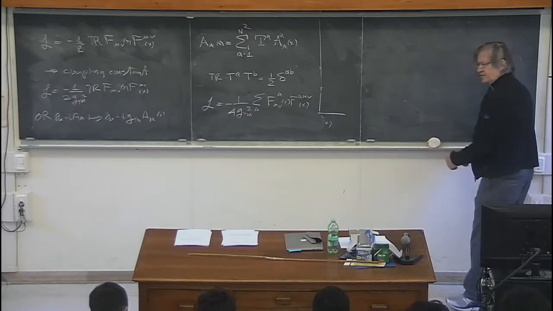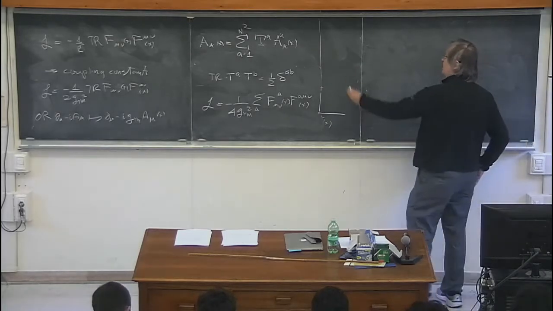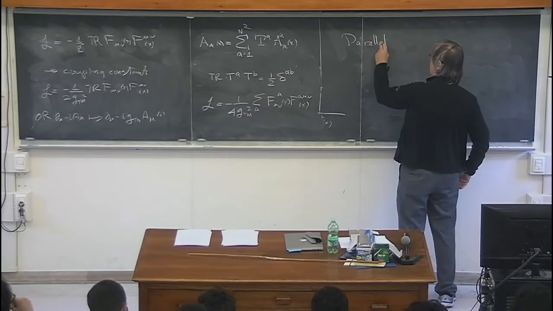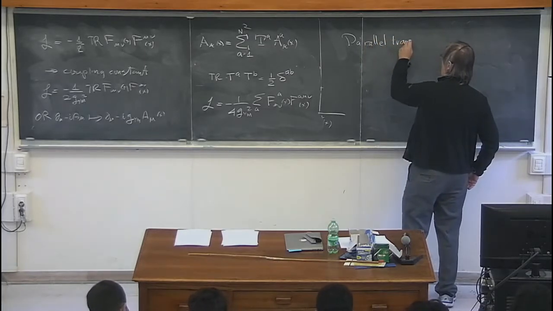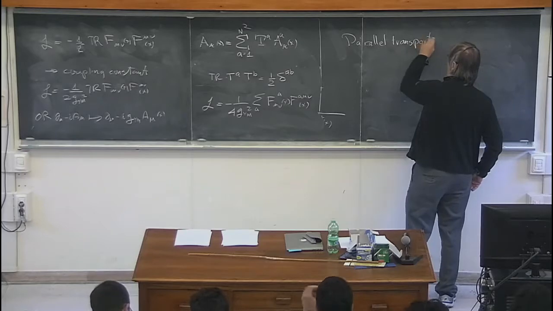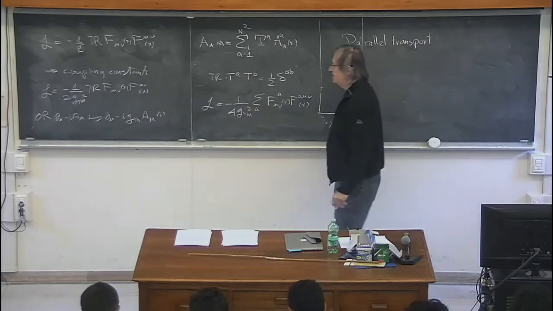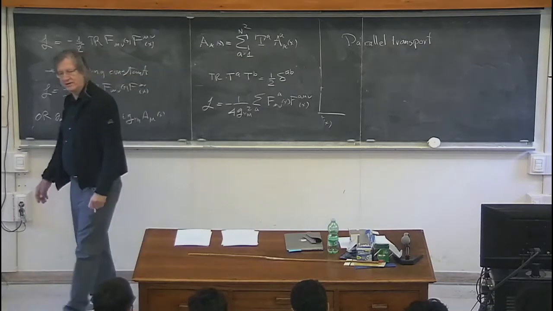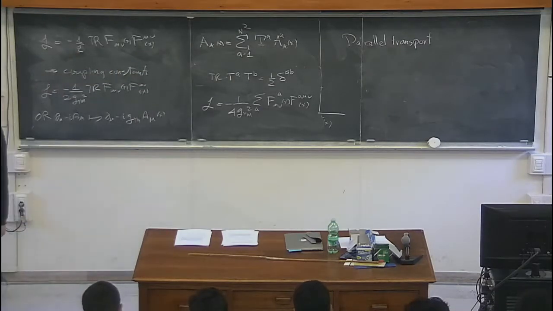Now let's use it for something. Well, once you have a connection in geometry, the thing you like to do is talk about parallel transport. That is a convention for transporting the wave functions around. So our wave functions are N-component things.